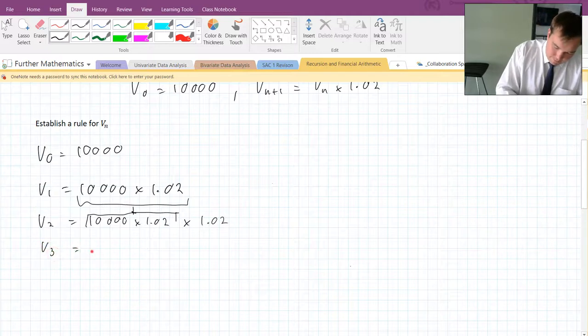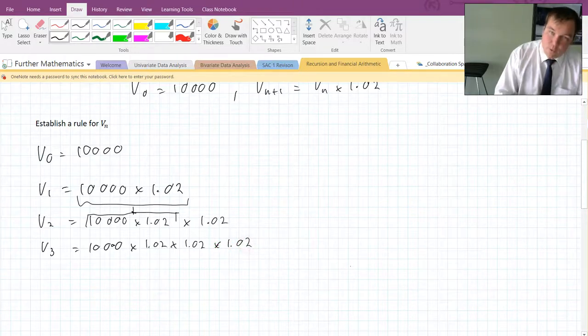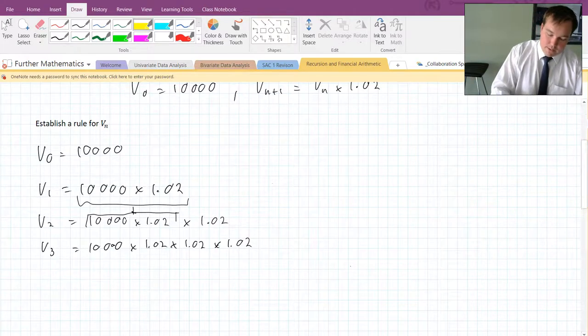And then same again, we multiply by a third 1.02. Each successive quarter, we increase it by another 2%, and each time we multiply by 1.02 again.